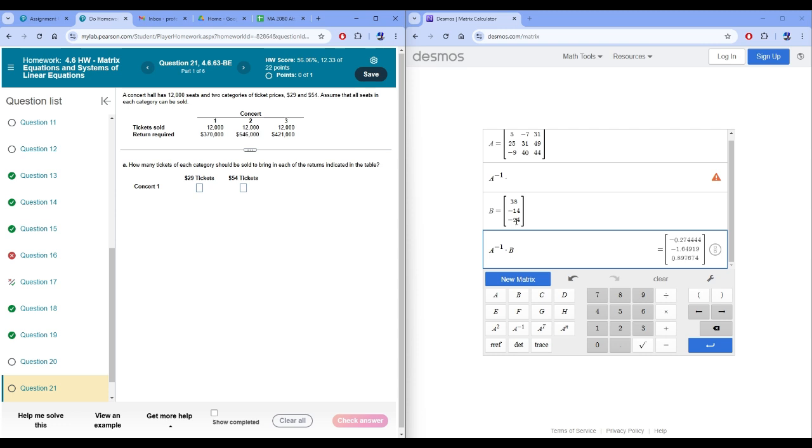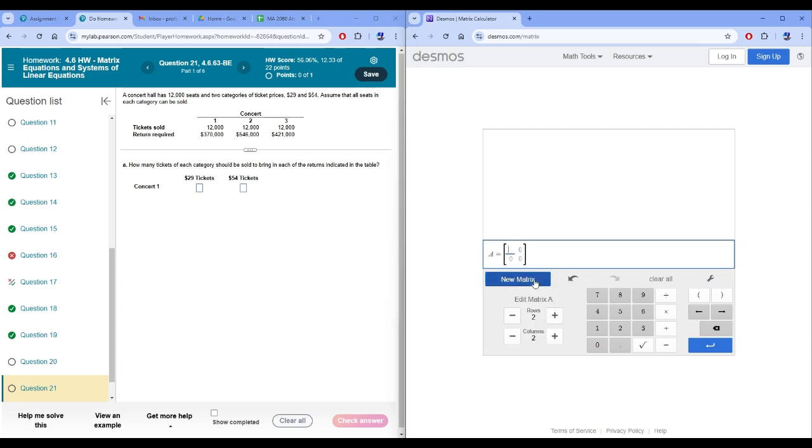This is gonna be a what? A 3 by 2. So let's clear this. Let's clear all. New matrix. I think this is a 3 by 2... Wait, no, it's a 3 by 3, I think. So it's gonna be 29, 54, 370,000.